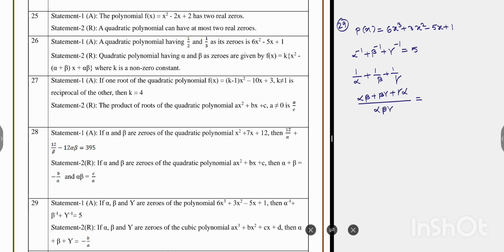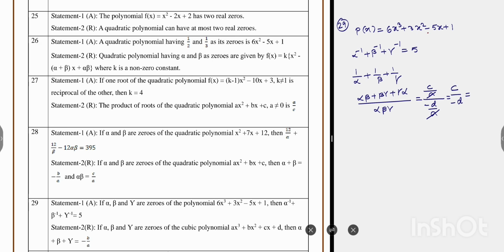Here alpha beta plus beta gamma plus gamma alpha is c by a, and alpha beta gamma is minus d by a. You have to remember this: alpha plus beta plus gamma is minus b by a, alpha beta plus beta gamma plus gamma alpha is c by a, alpha beta gamma is minus d by a. Here a will be cancelled, leaving c by minus d.